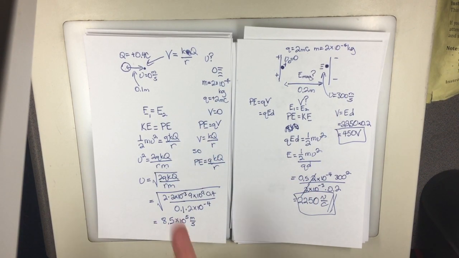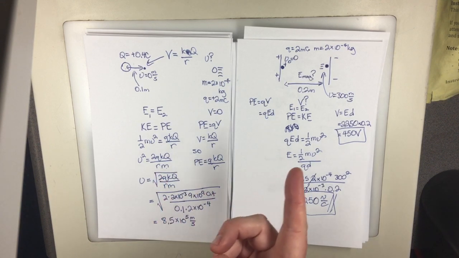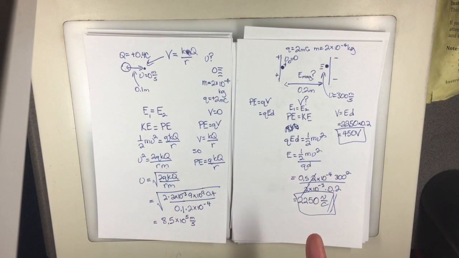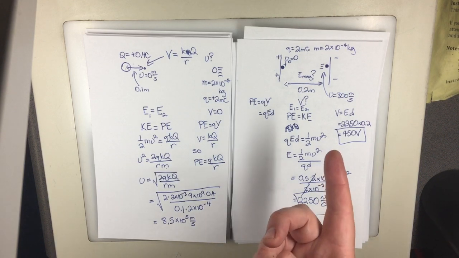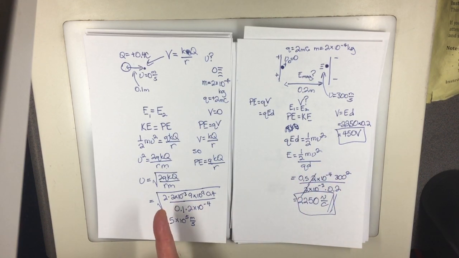The other thing about this is here I can figure out E field and V. Over here, it gets a little bit more difficult to find the E field, and the E field is kind of unnecessary for that problem specifically.